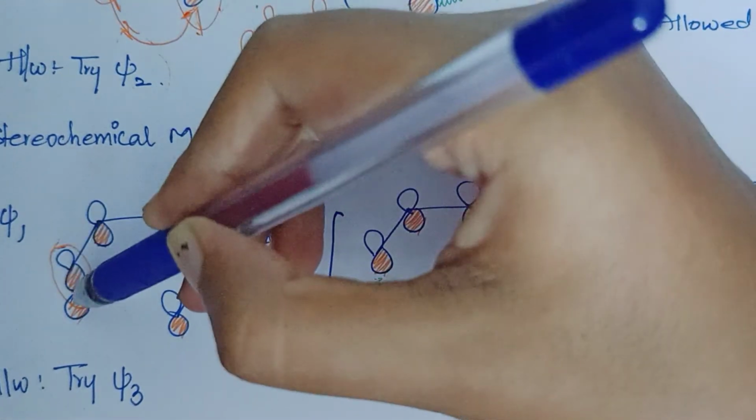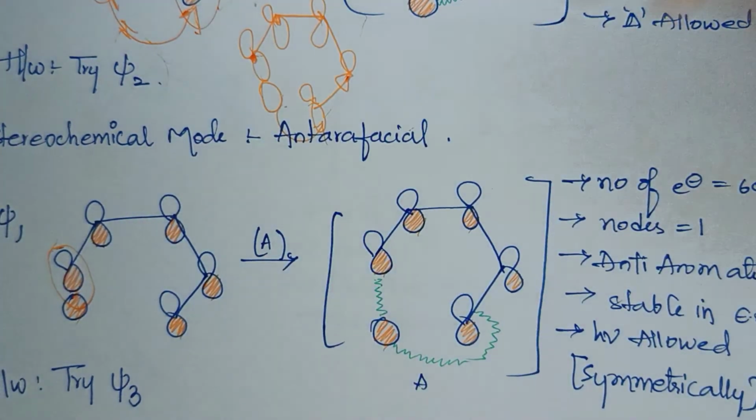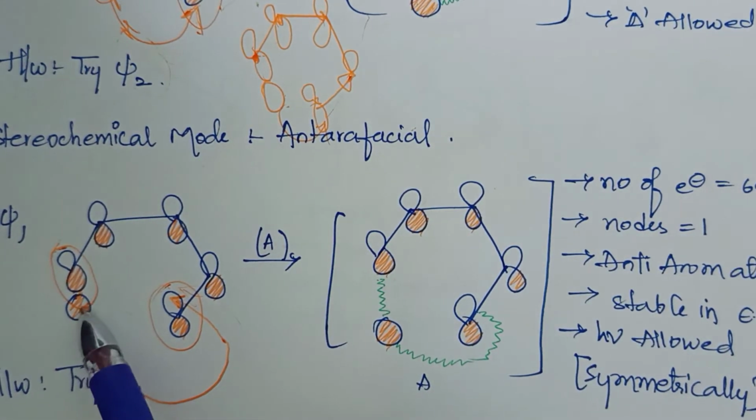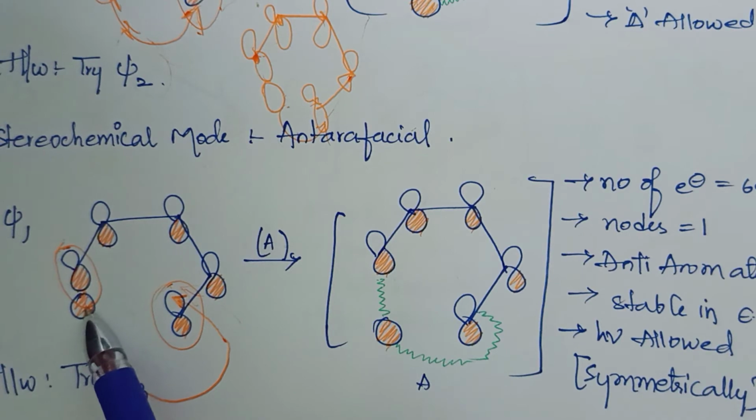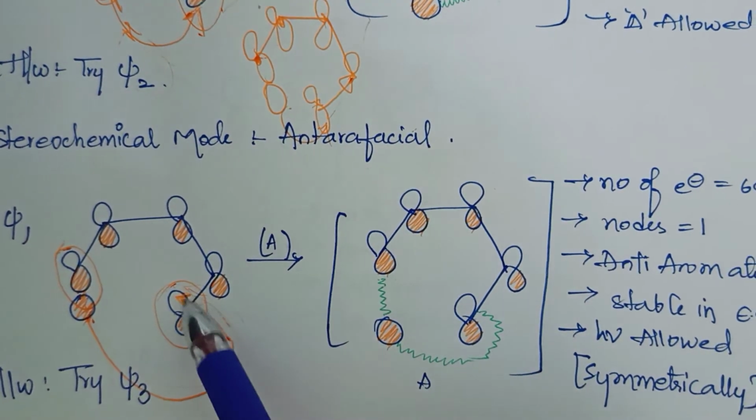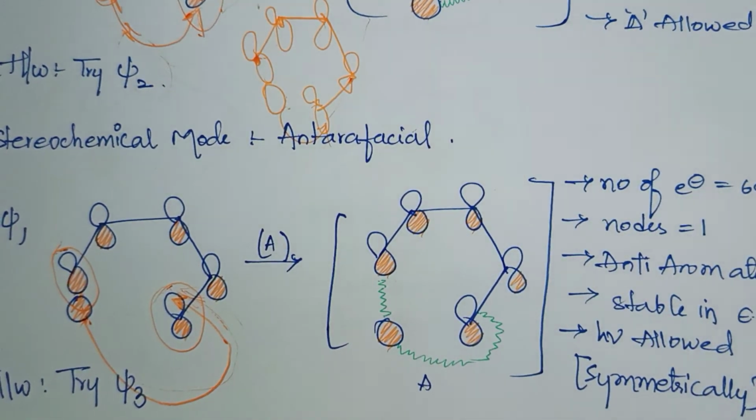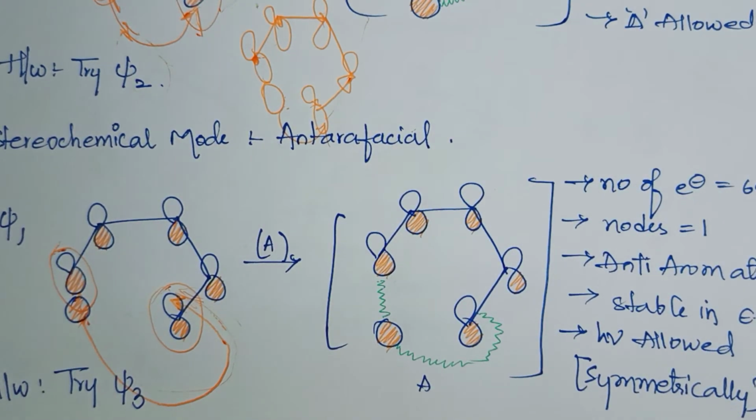With respect to this lobe, hydrogen is attached down. I have to shift the hydrogen from bottom to top. Previously it was attached to the bottom, now it is going to the top. So from bottom to top it is going. It is known as antara shift.